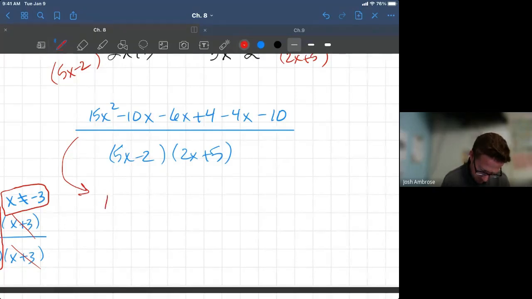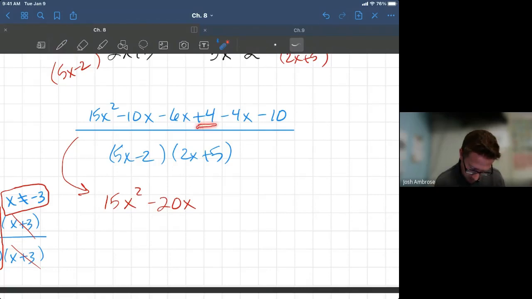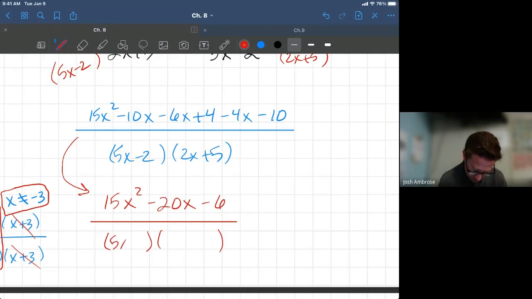So we have a 15x squared minus 20x. And then we have another like term. Don't forget you have the plus 4, the minus 10. That's going to give us a minus 6, all over the same two terms in our denominator, (5x - 2)(2x + 5).